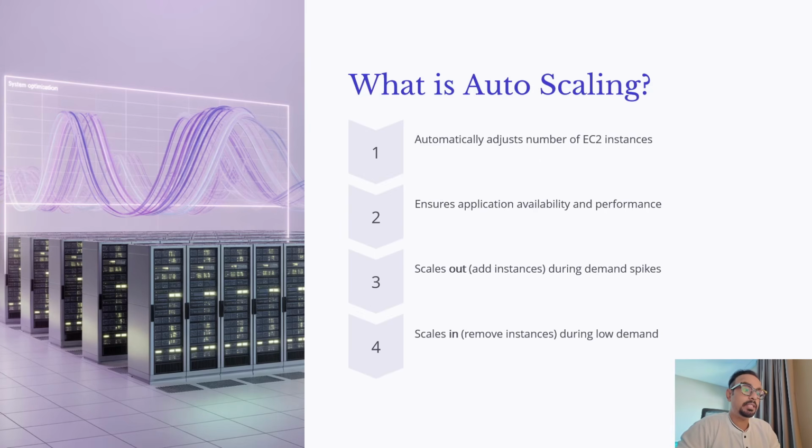When combined with elastic load balancer, auto scaling delivers a highly available, fault tolerant system that adapts seamlessly to the changes coming in from your traffic. So in short, auto scaling helps your apps stay reliable and cost efficient without manual intervention.